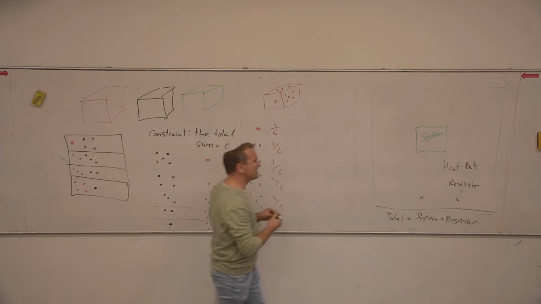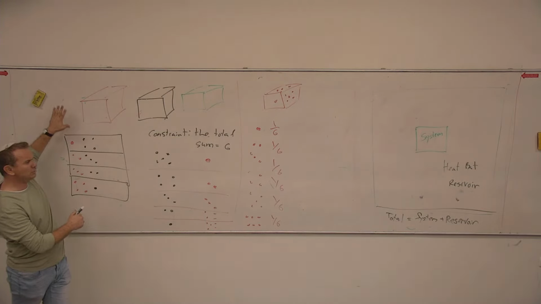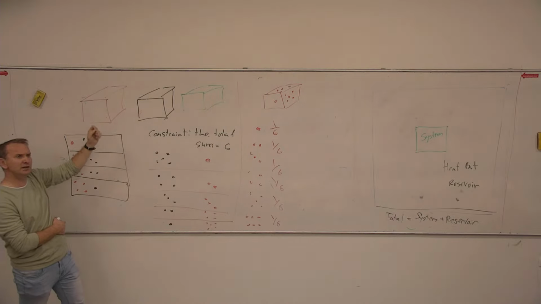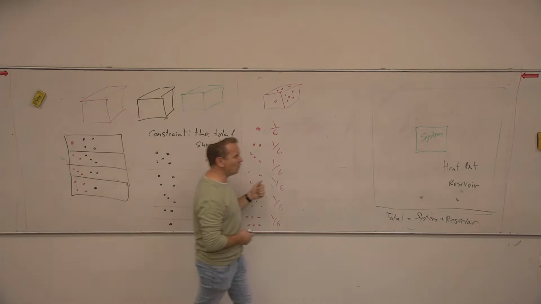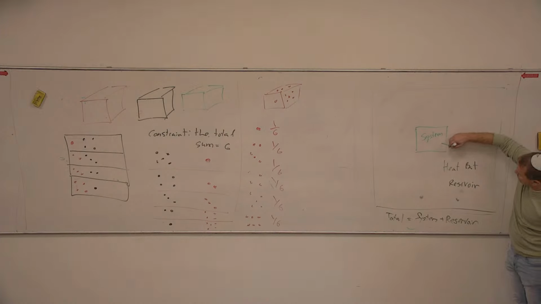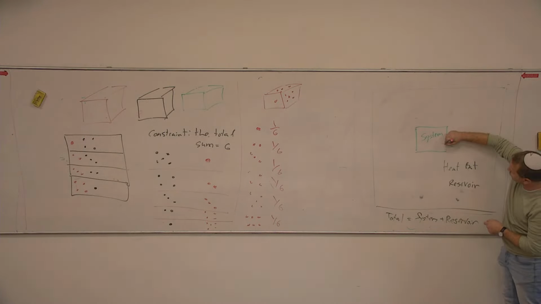I'm constraining the whole system to have a very specific energy. But the moment that I constrain the whole system to have a very specific energy, I'm allowing some exchange between my system and the heat reservoir.